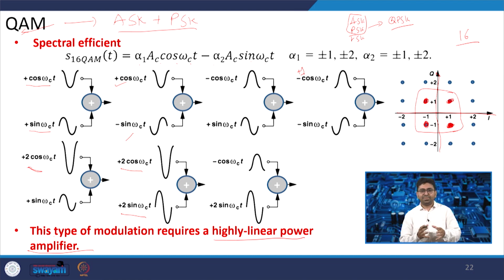It can club a bunch of data in very little bandwidth, but an important requirement is a linear power amplifier, because you are changing amplitude as well as phase, and if you want to reconstruct the QAM signal, you need a better linear power amplifier. So, there is always a trade off that we have already seen in the first slide, when we discussed the linear power amplifier requirement with the modulation scheme.